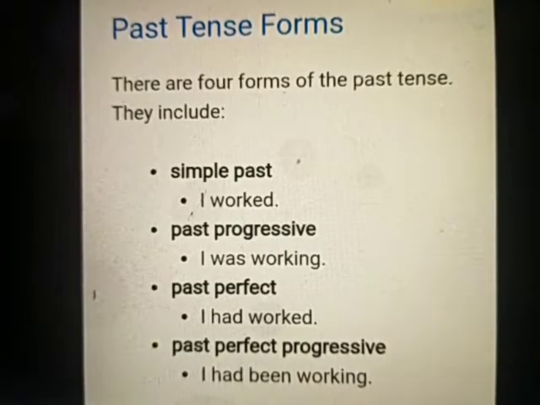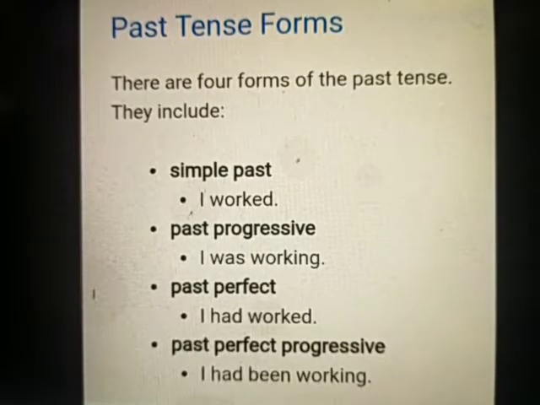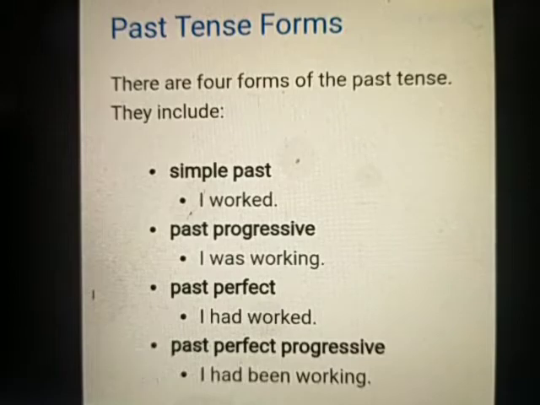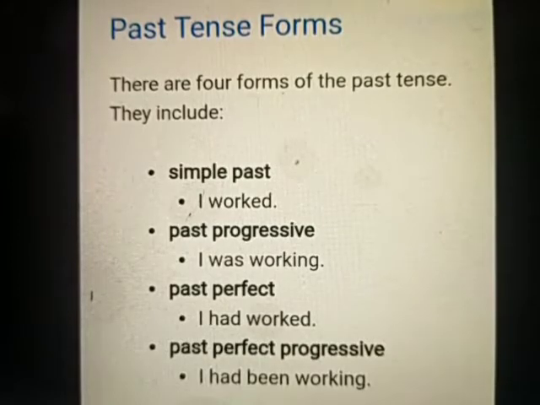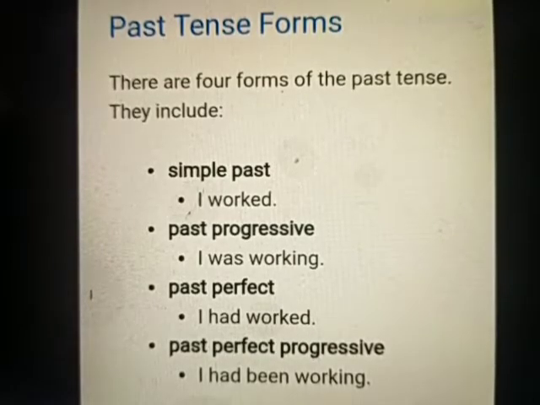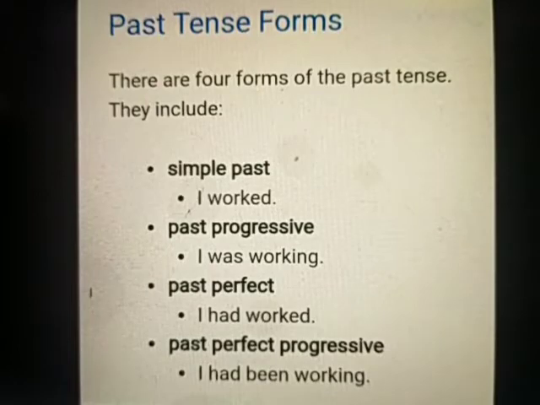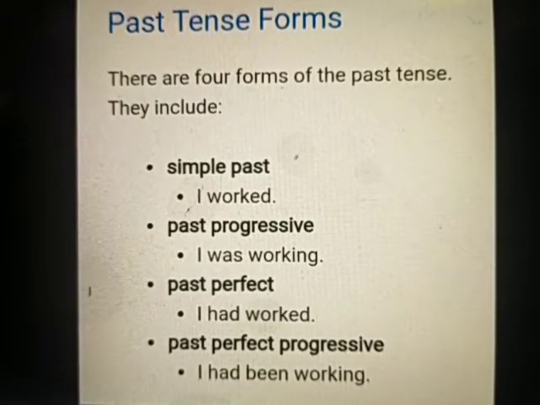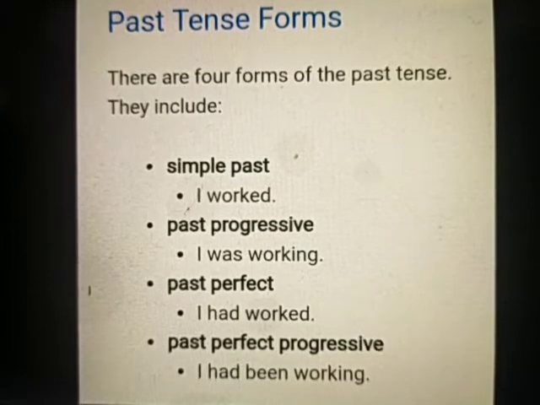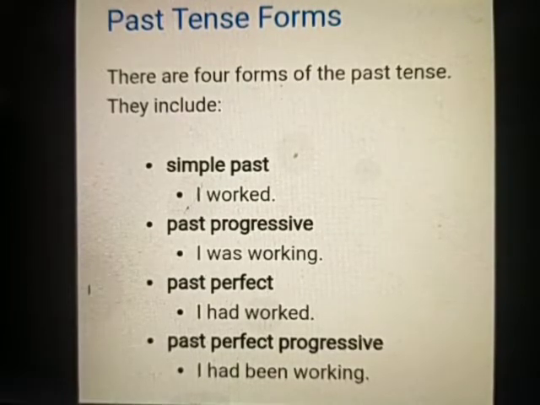Now I am going to explain to you about the past tense forms. There are 4 forms of the past tense and they include simple past, past progressive, past perfect, past perfect progressive. Simple past tense, for example, I worked.